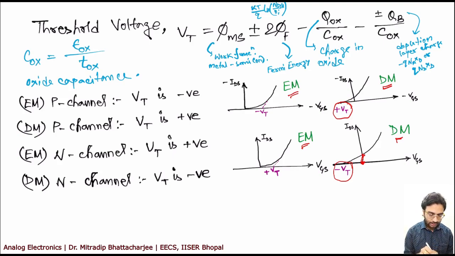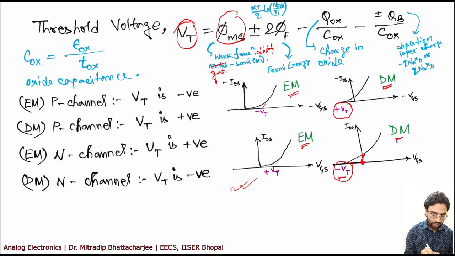So these are the typical characteristics, and I have also said what the expression of threshold voltage is. This VT, threshold voltage, defines when the device will turn on. Some say turn on voltage, some say threshold voltage, and it is a function of phi ms, that is the work function difference between gate and semiconductor.